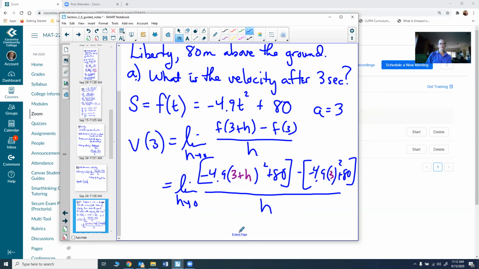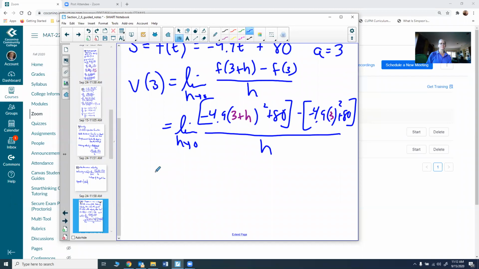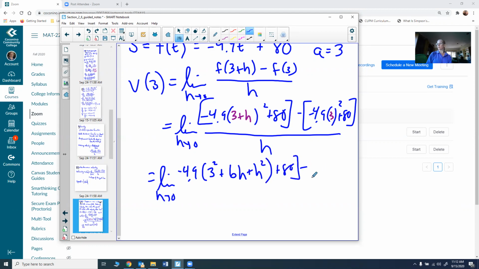If you always do it this way, I think you'll find functional notation not so bad. Now we just need to multiply all this out and then collect like terms. So I've got negative 4.9. I do need to multiply this out. It will be 3 squared plus 2 times 3, which is 6h, plus h squared, plus 80, minus 4.9 times 3 squared.